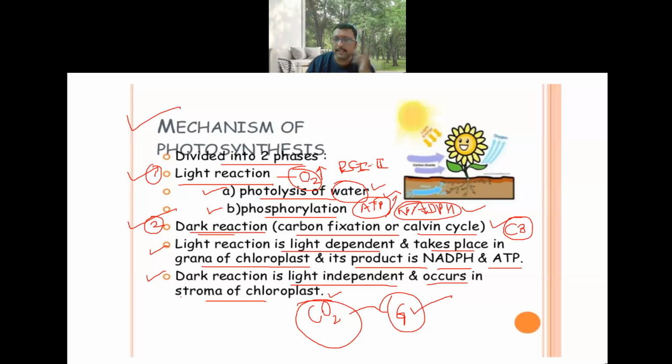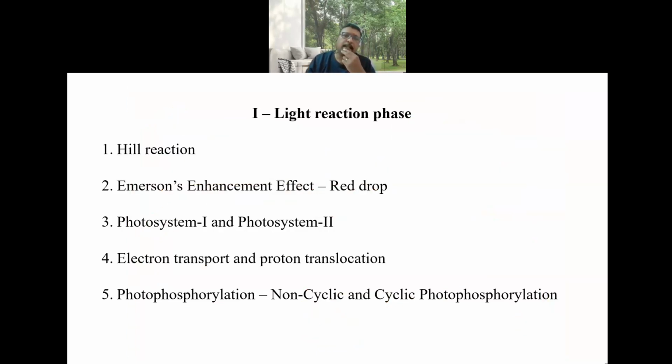Now we will be studying in detail, one by one, what all the phases are. Let us take the first phase, the light reaction phase, which can be studied under five subheadings. The Hill reaction. Second is the Emerson enhancement effect.